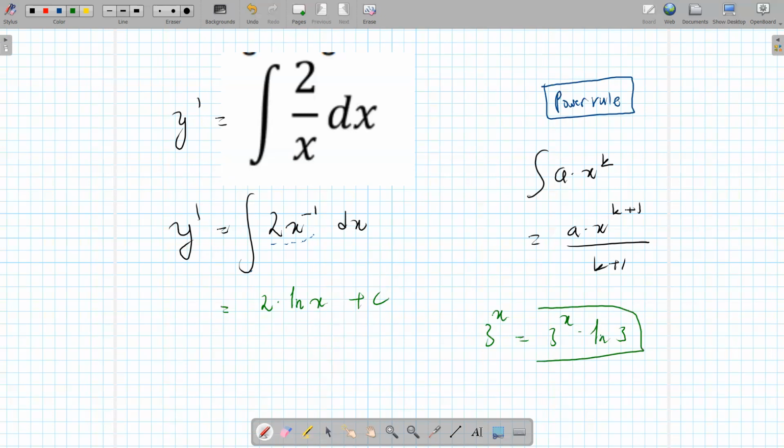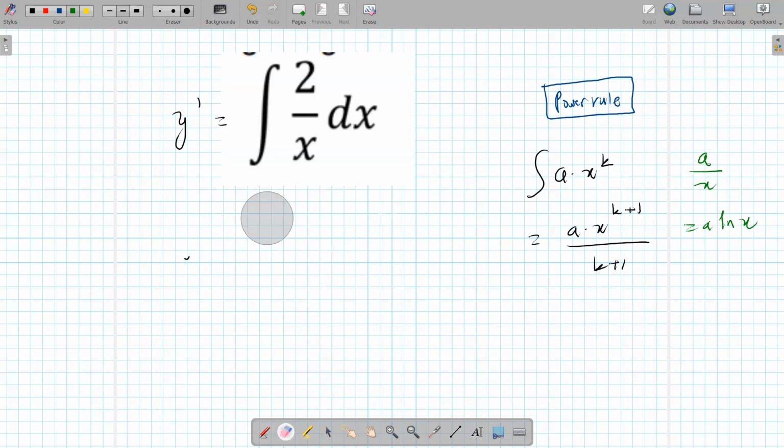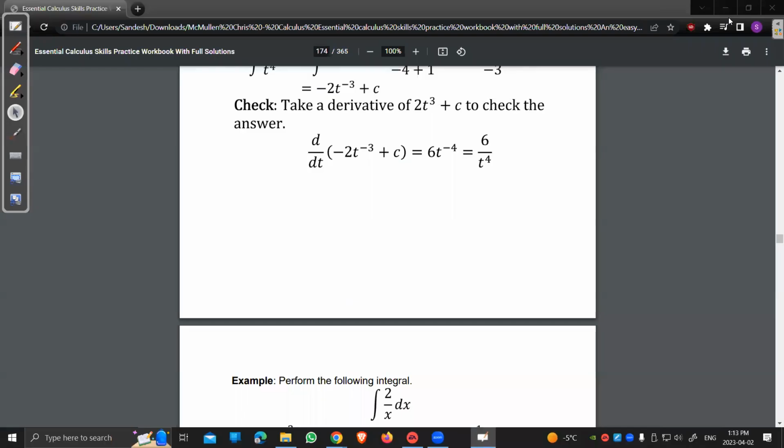Kind of like that. It's similar to this. If there's an x to the power 1 on the bottom, it's going to become a ln of x. Okay? This is a new rule now. And that's it for that question. X to the power -1, the power rule doesn't work.